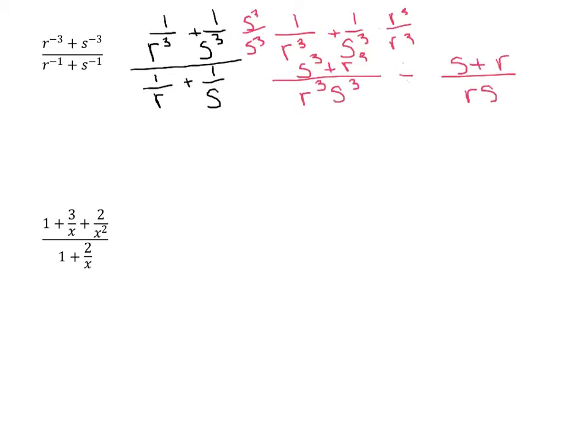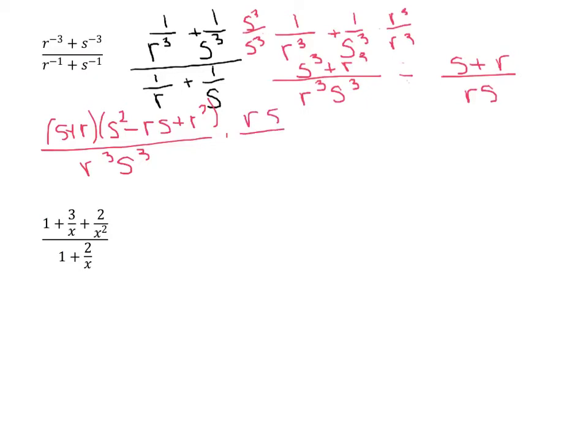Now what I need to recognize is that this is a sum of cubes, and I have a formula for that. It is s plus r times s squared minus rs plus r squared. And I'm multiplying this by rs over s plus r.